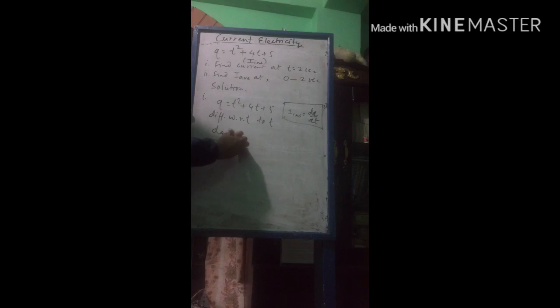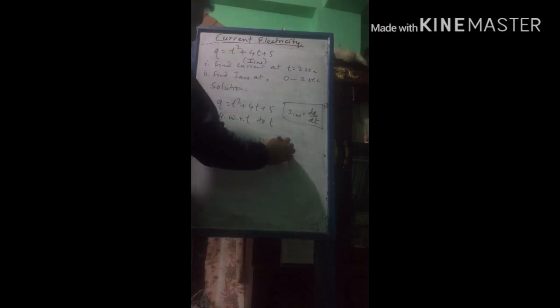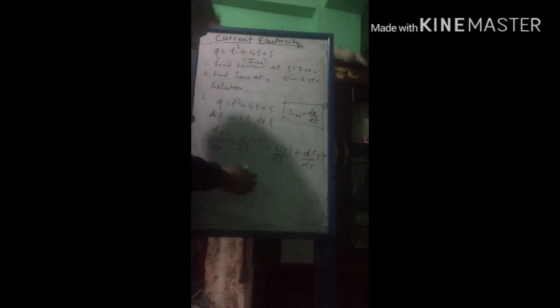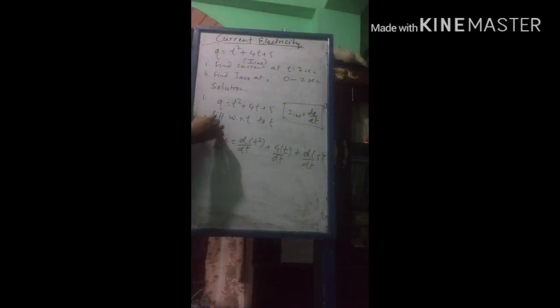So d by dt of t square, plus d by dt of 4t, plus d by dt of 5. dq by dt is the instantaneous current.